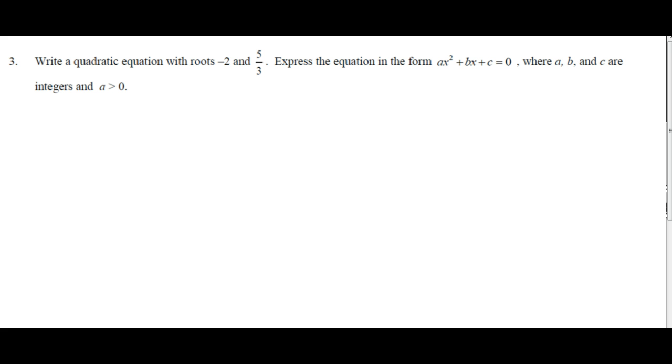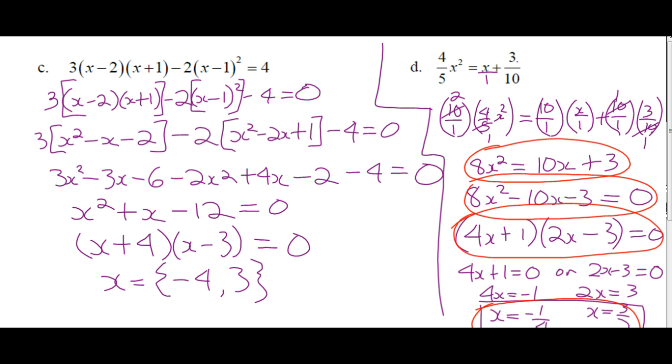So here's what we do. Actually, let's go back a bit. These are the roots. These are the factors which correspond to these roots. So I'm going to show you how you go from a root to a factor.